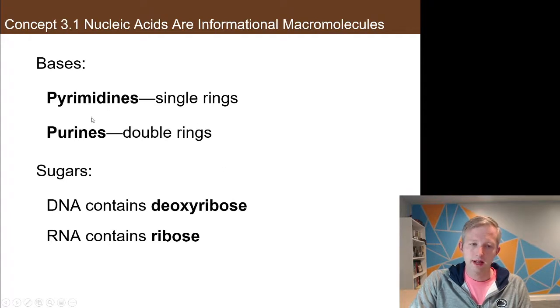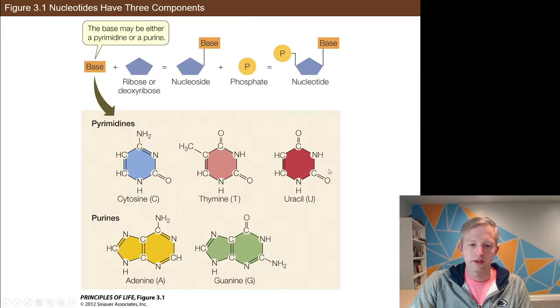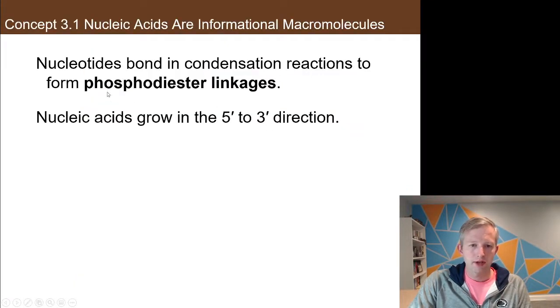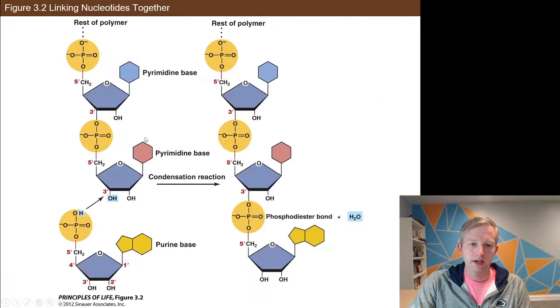There are two main classes of these, pyrimidines and purines, and we'll dig into the significance of that in a later unit. The sugars are different depending on whether we're looking at DNA or RNA. RNA also has a difference in terms of the fact that it has uracil instead of thymine. There is the linkage between these when they are undergoing dehydration synthesis, which is illustrated here.